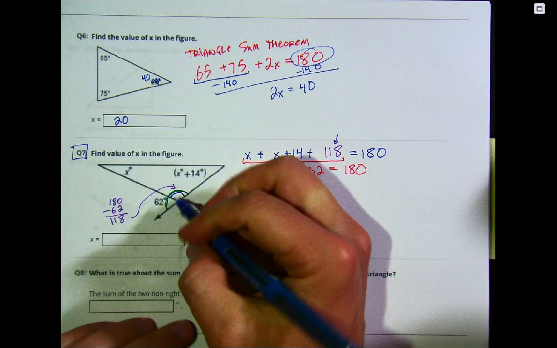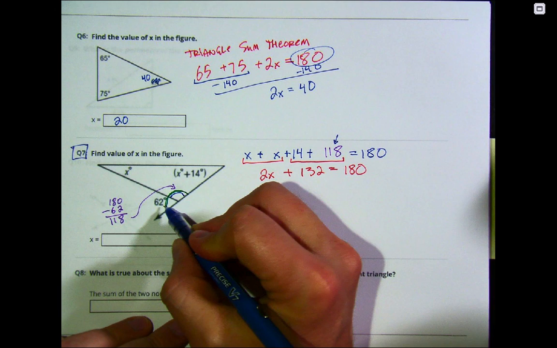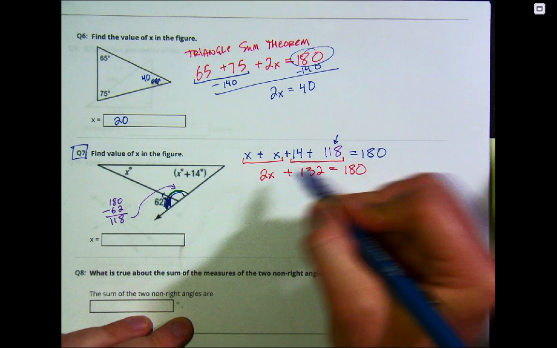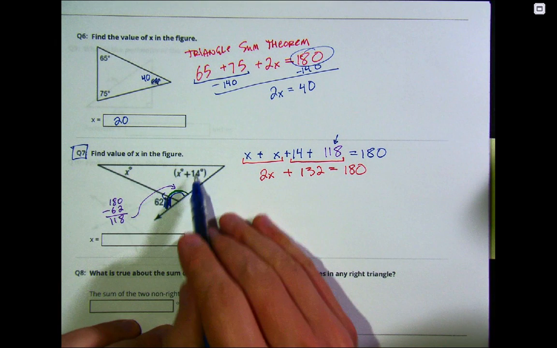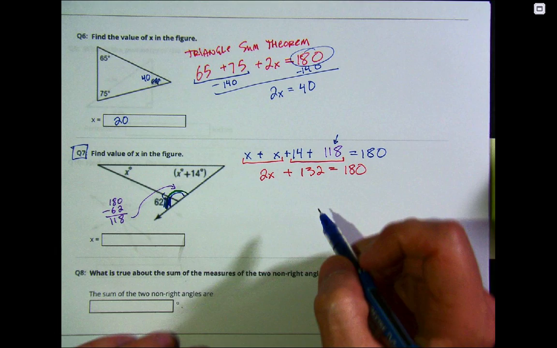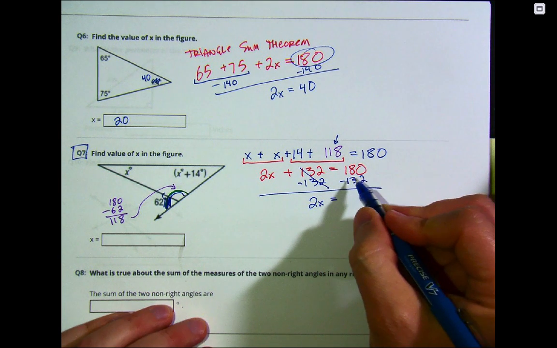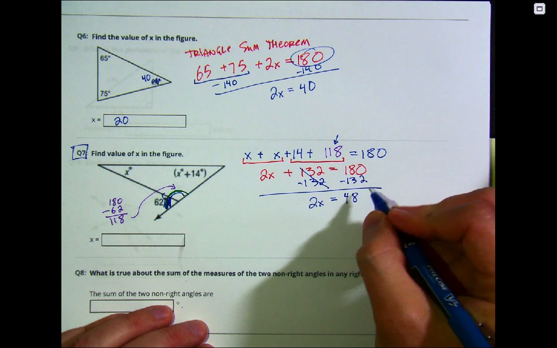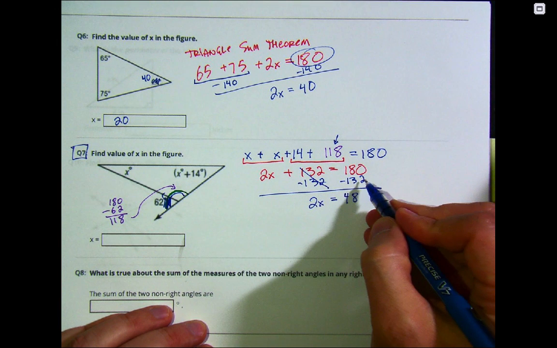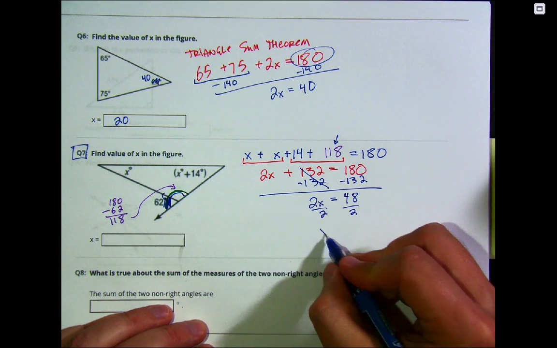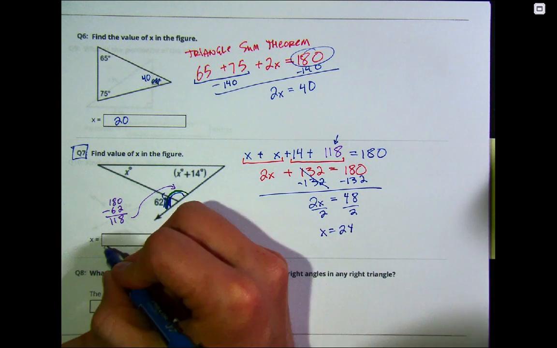Hopefully you can see why you needed to use the 62, right, to help you find the 118, to help you find x. And I'll go ahead and finish this. 48, I think. Let's see, 130, yeah. Then I'm going to divide by 2, divide by 2. I get x equals 24 for my solution here.